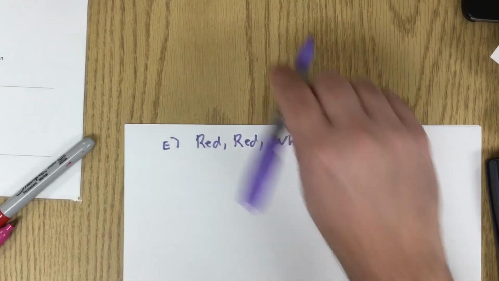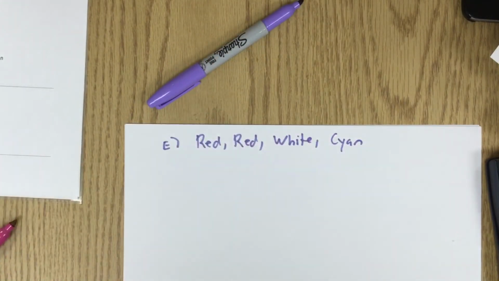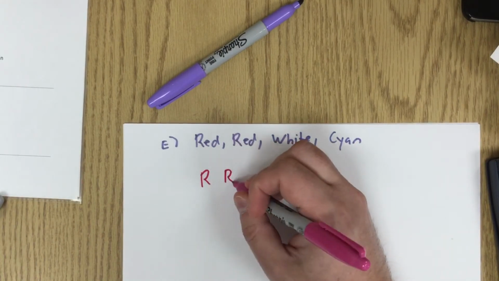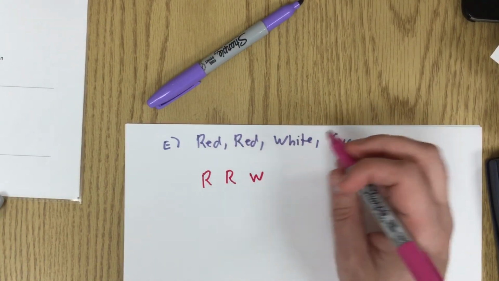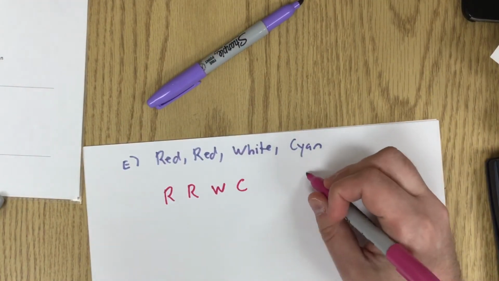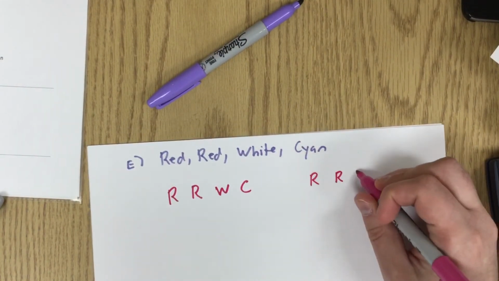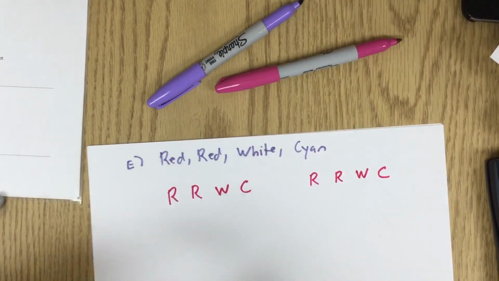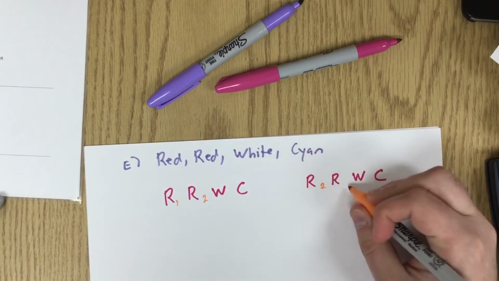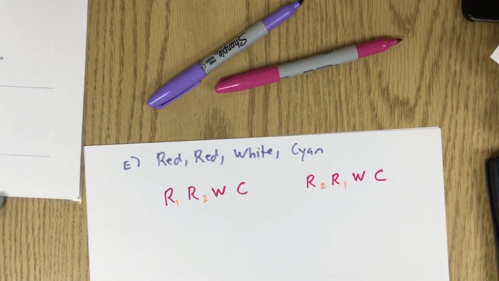Now when we're lining these things up, one way is red, red, white, cyan. But kind of like the other one, for every one of those, there's actually 2 of them, right? Because there is red 1, red 2, white, cyan, or those red marbles could be the other way.